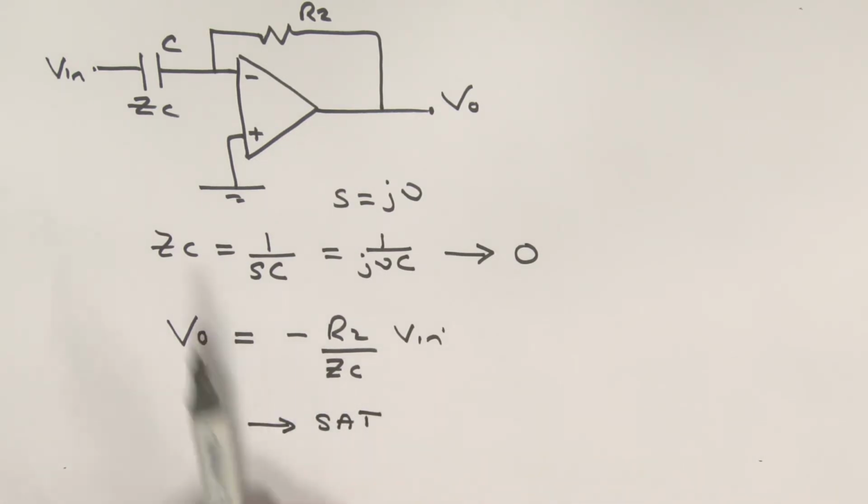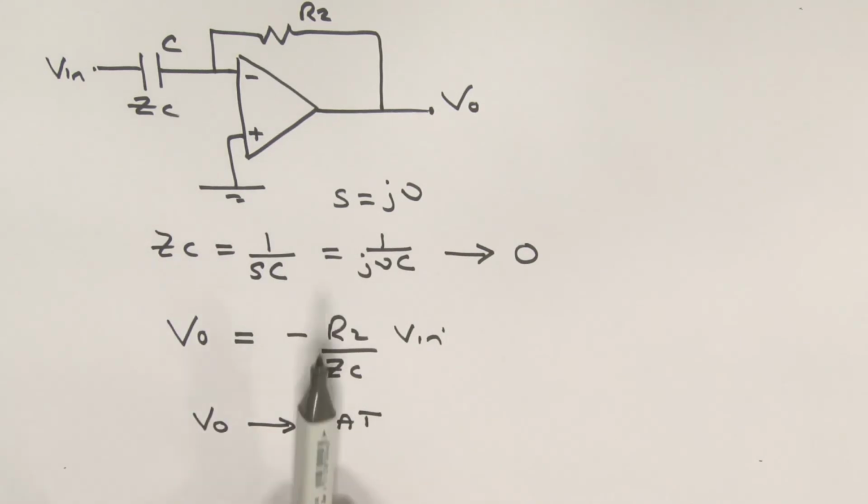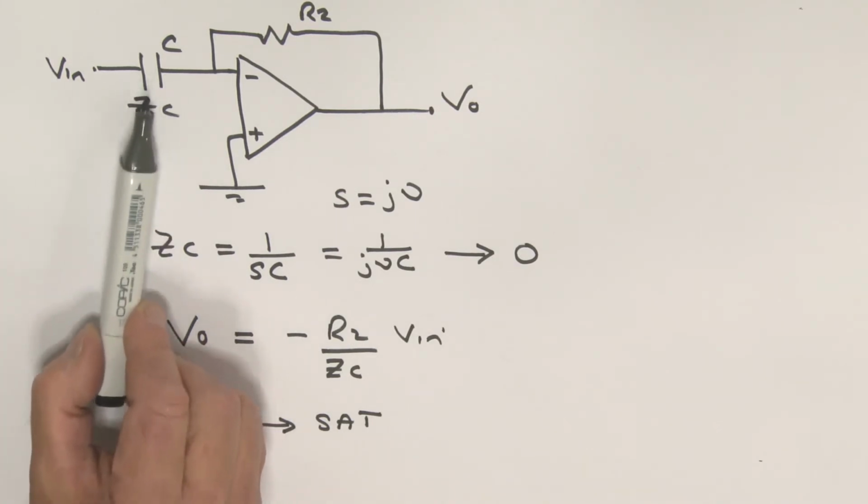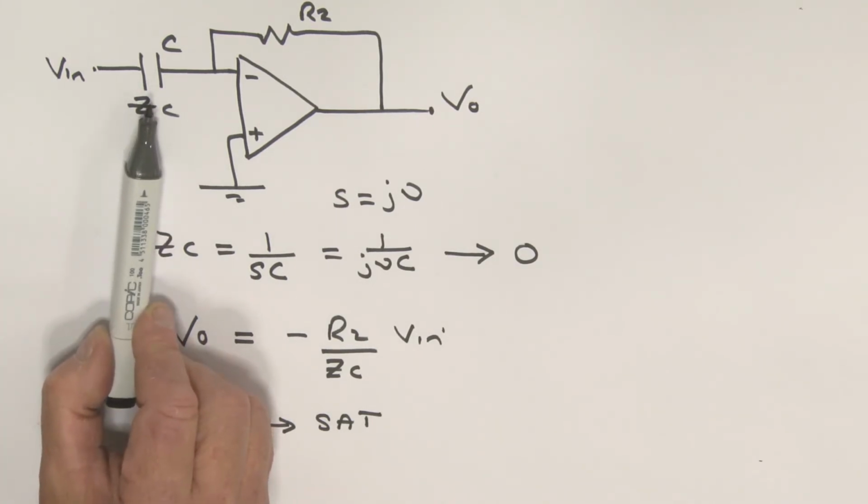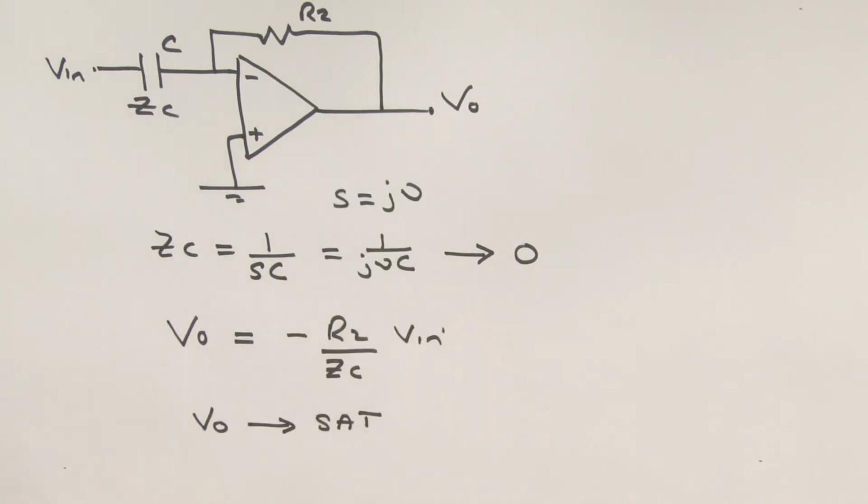So that really is a problem in the case of the ideal differentiator, that at high frequencies this term here becomes a very small value, forcing this output voltage to go to a saturated value.